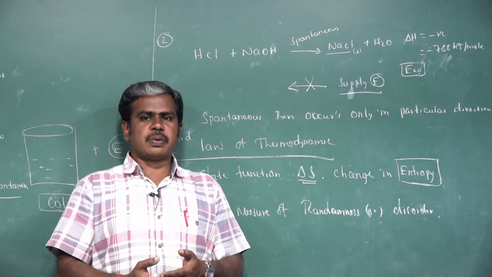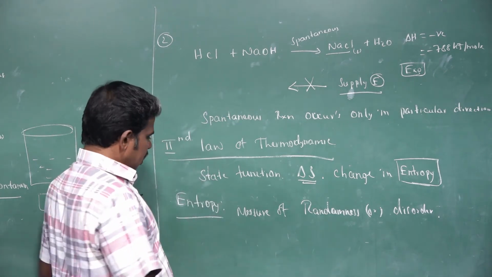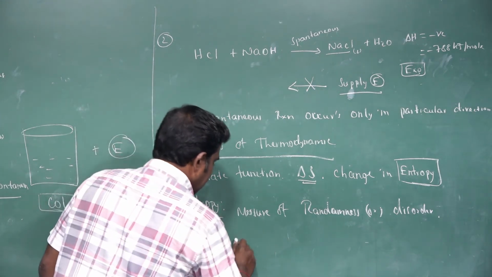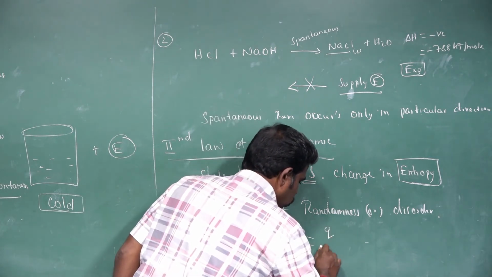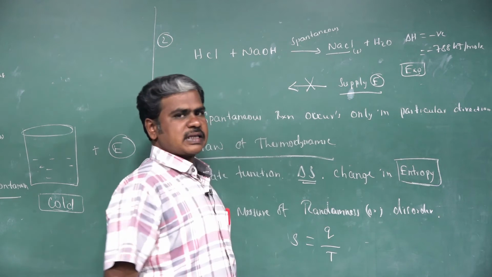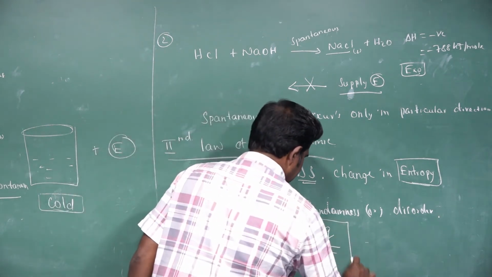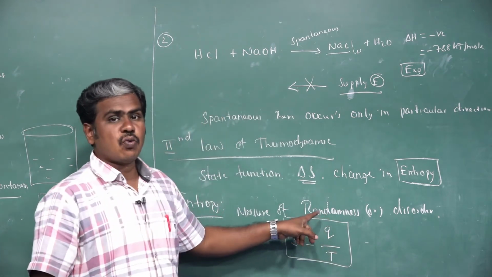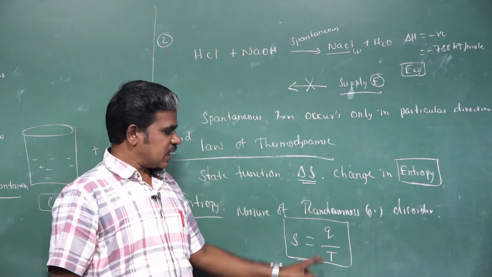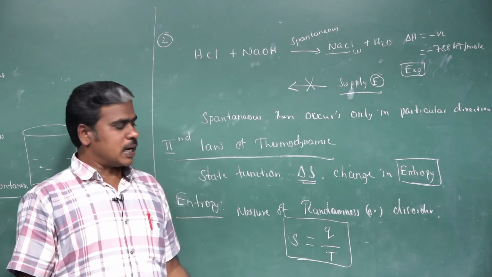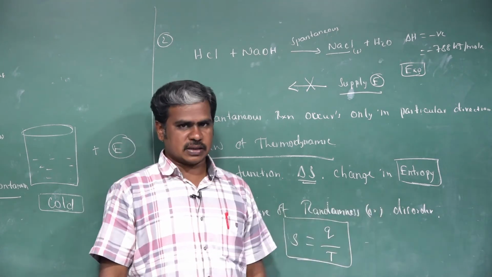By this entropy we may predict the spontaneous process. Mathematically, S is equal to Q by T. So entropy is defined as the amount of heat involved in a system at a constant temperature, and it is the measure of randomness or disorderedness.